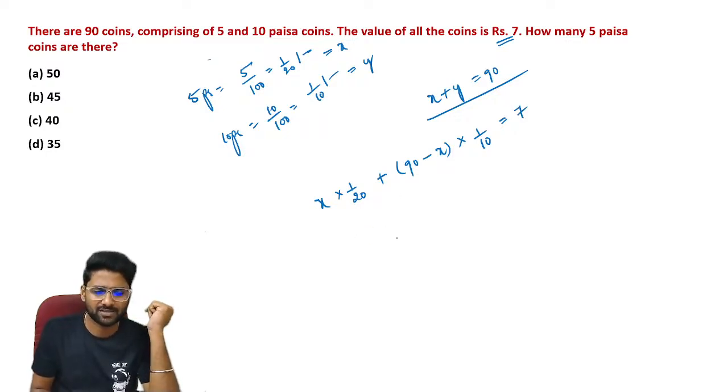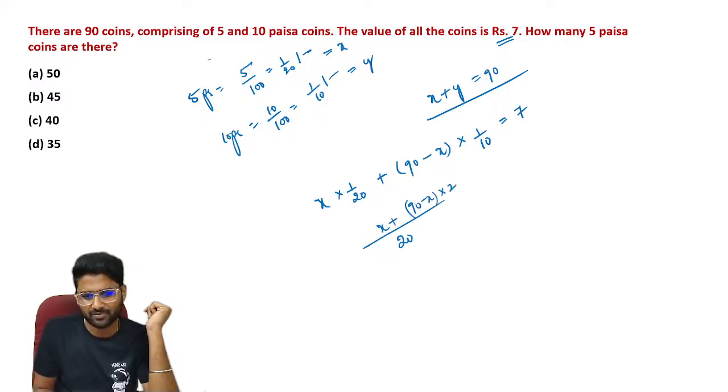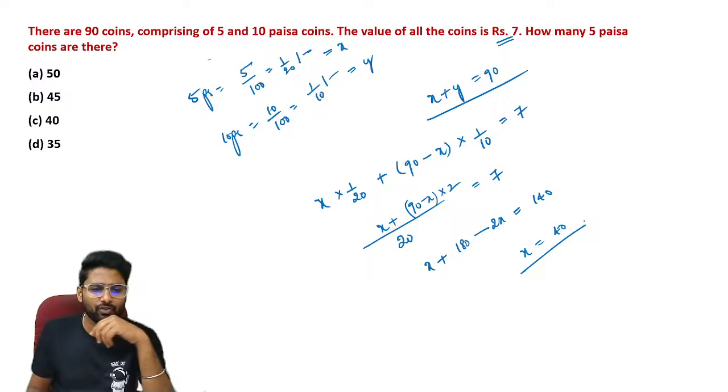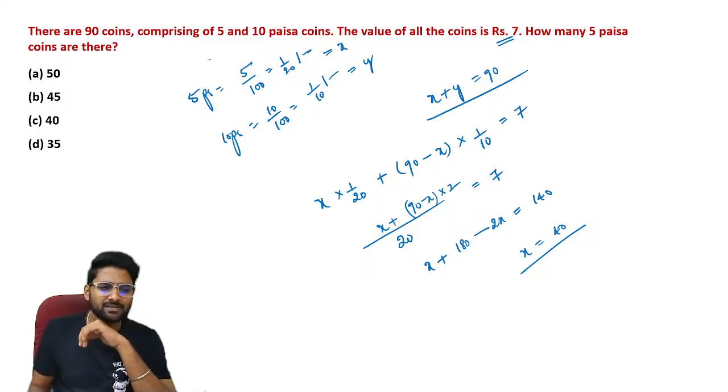Let's go for the further simplification. 20 is my LCM. Here x, and 90 minus x with 10 becomes 20, multiplied by 2. So x plus 180 minus 2x is equal to 140. Then you will get x is equal to 40. Now, how many 5 paisa coins? As per our assumption, x value is 40.